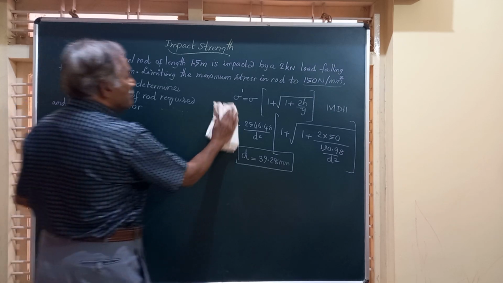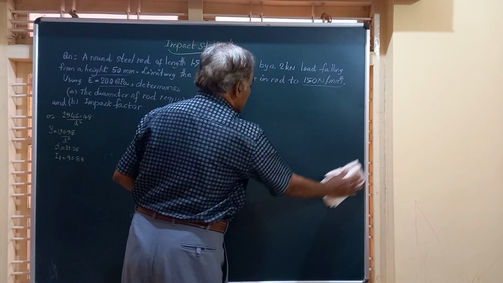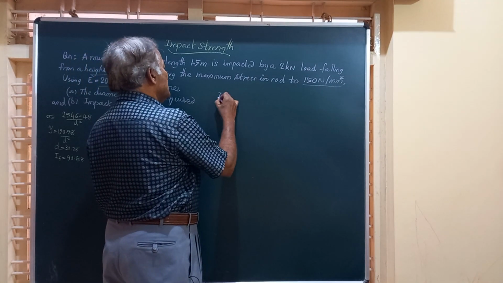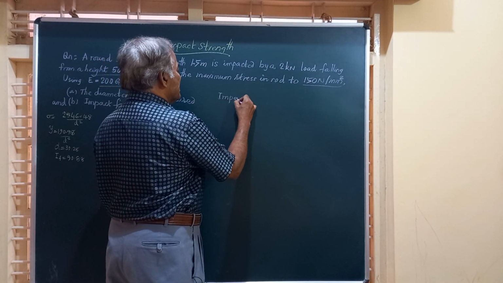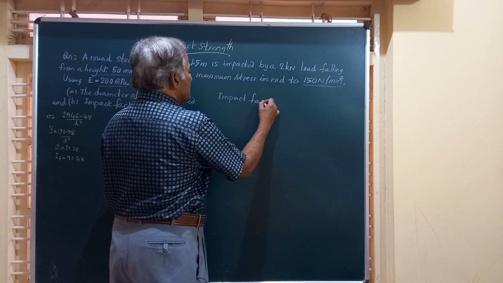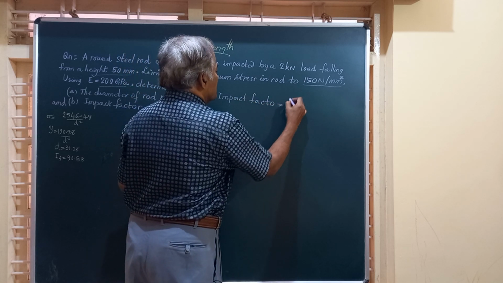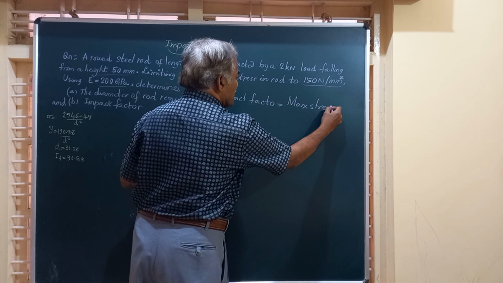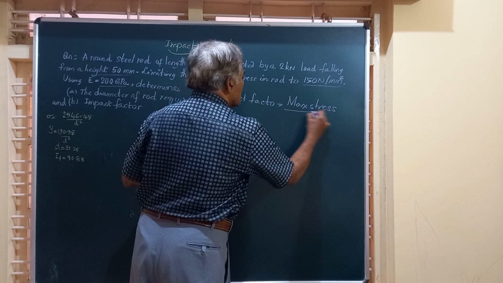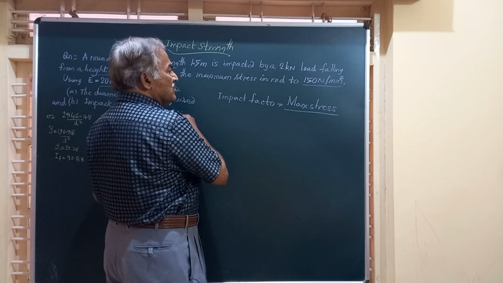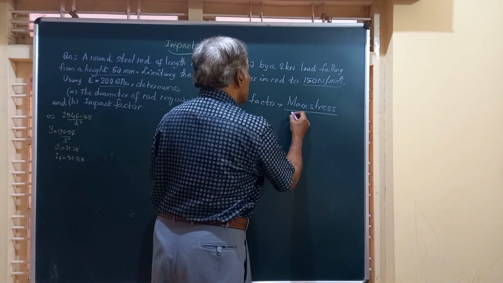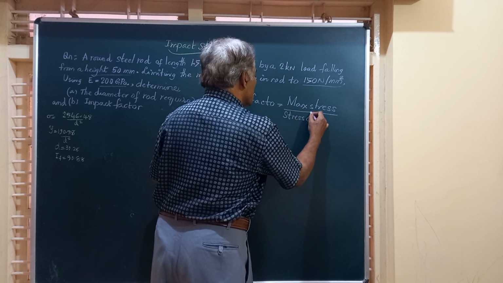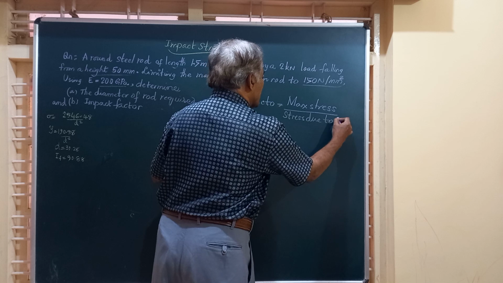Friends, impact factor is defined, as already written here in the second part, as the ratio of the maximum stress in the member to the static stress, or the stress due to static load.